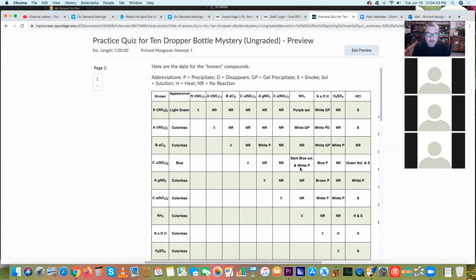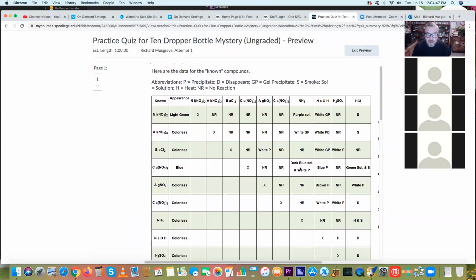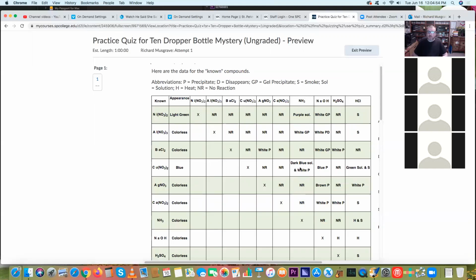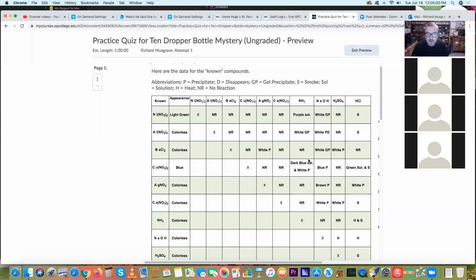So this is a data table that's going to result from results that you would have picked up had you done this in the lab. What we're looking at here is combining all of these different things and coming up with these results that appear in a table form. There's a key up here that tells you what the changes are, and that's why that video might be useful to you, so you can get a little context for what those mean.